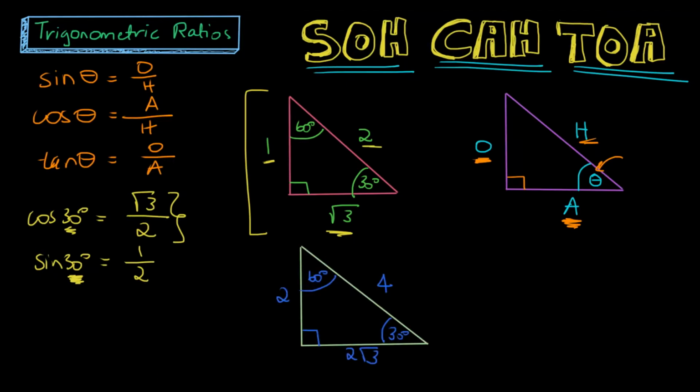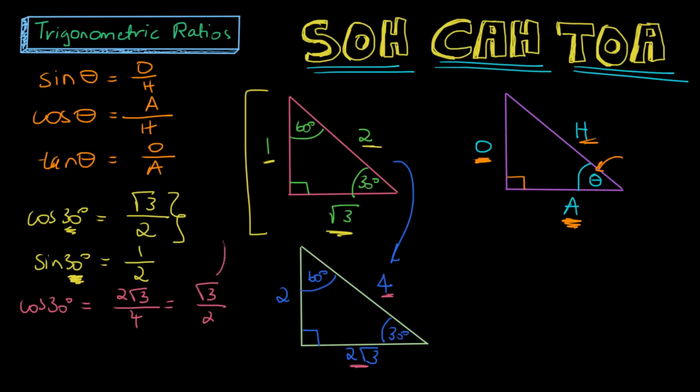If we look at another example of a triangle where I've scaled the above triangle up by 2 on every side, and look at cos of 30 degrees again, that's going to be our adjacent side over our hypotenuse. So cos of 30 degrees for our new triangle is going to be 2 root 3 over 4, which is the same as root 3 on 2 if we cancel the common factor of 2.